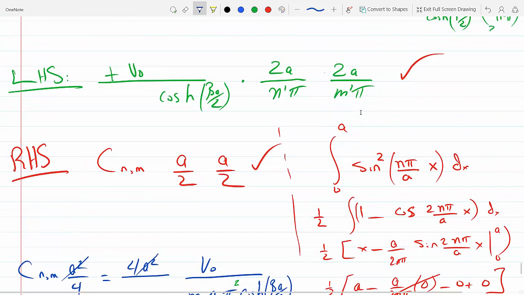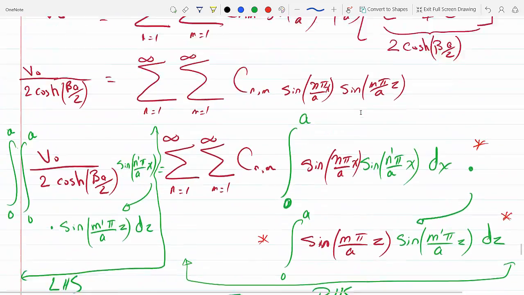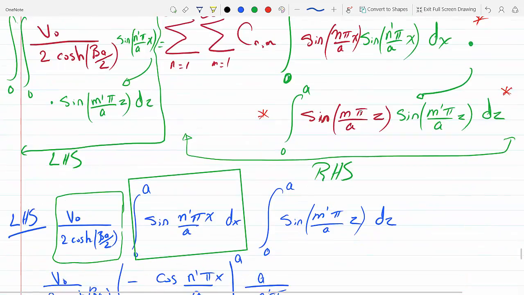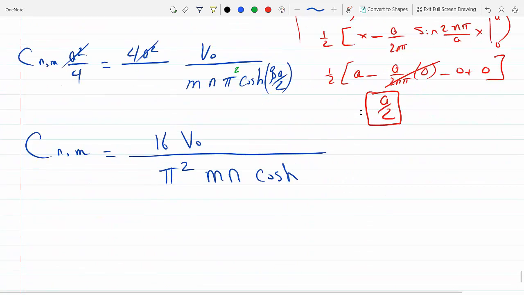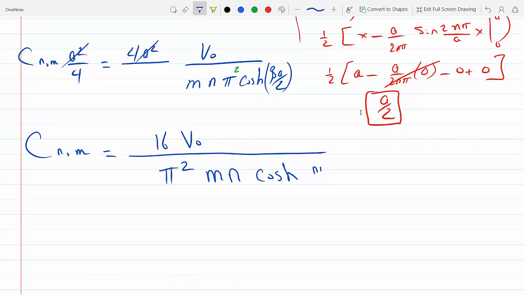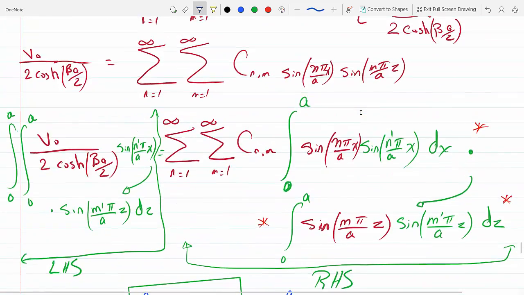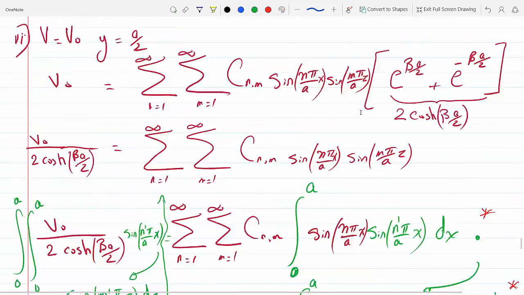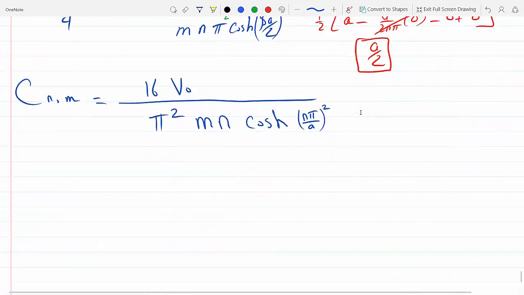Now what's beta? Beta, if you remember, what I called beta was this whole square root thing, n pi over a squared, with the square root, plus m pi over a squared.